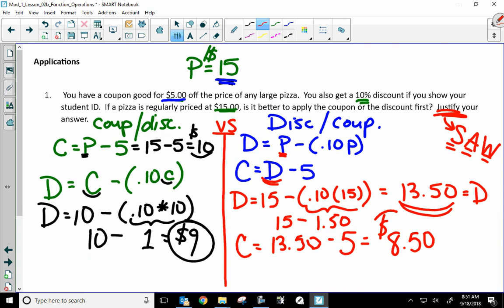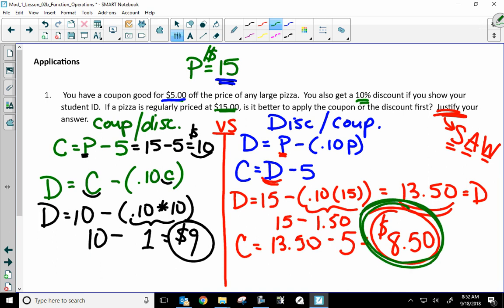Okay? Now, you did the math for both scenarios. The coupon first, then the discount, that's on the left. Or the discount first, then the coupon, that's on the right. Obviously, this one right here is cheaper by 50 cents.